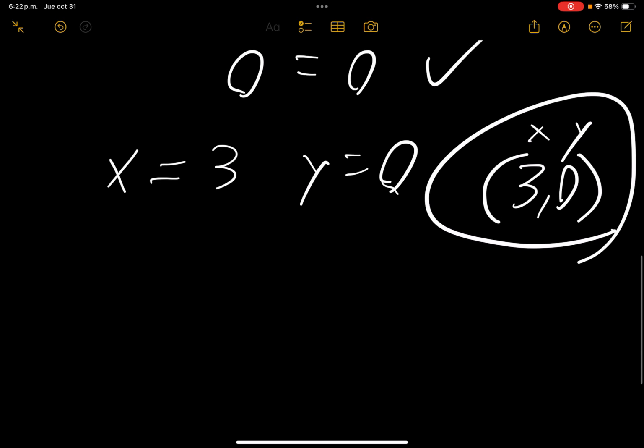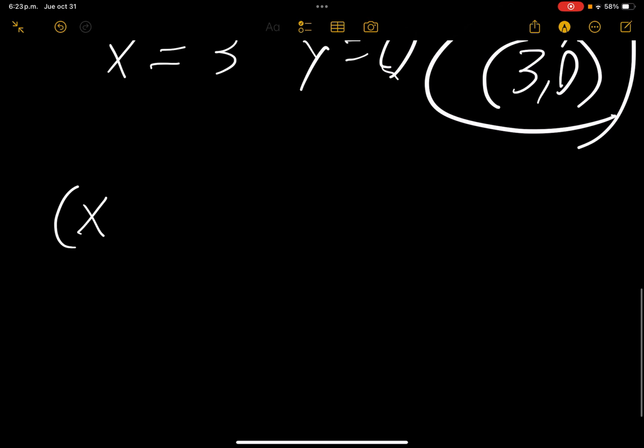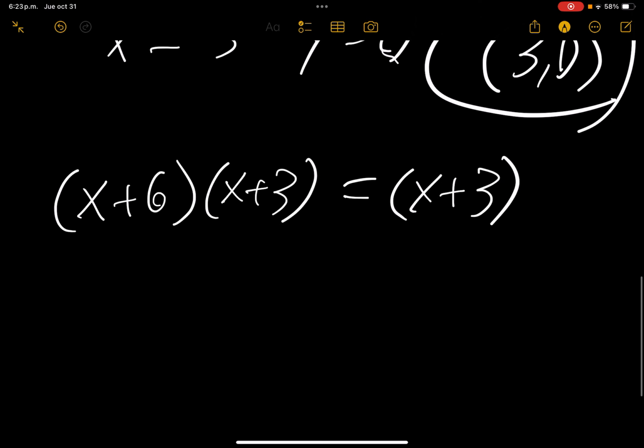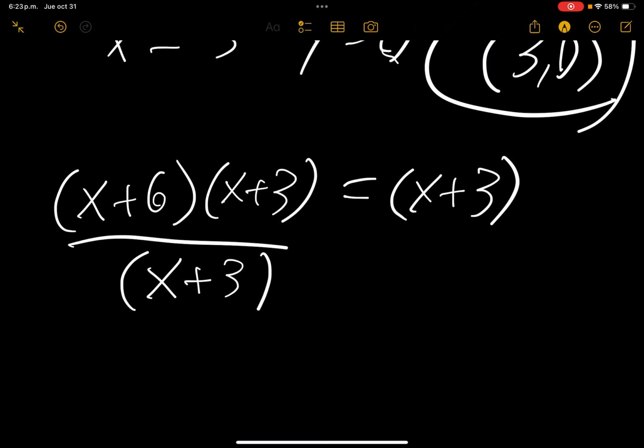Let's go back to this equation. x plus 6, x plus 3 equals x plus 3. We got something on both sides. So if these two things are multiplied, and this exists on this side too, we can get rid of this by dividing. So let's divide both sides by x plus 3.